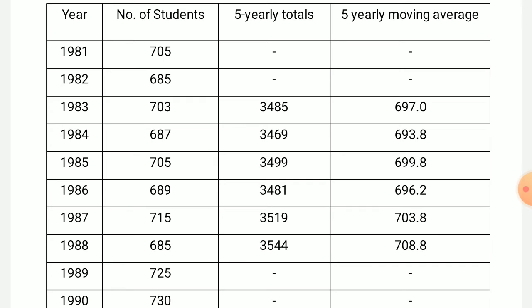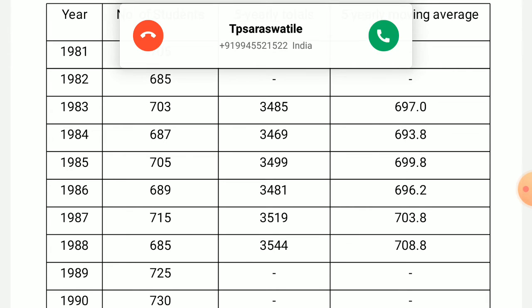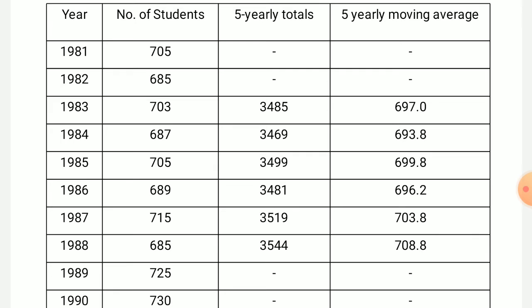And similarly 3544 divided by 5 is equal to 708.8. So this is the trend value of the moving average.